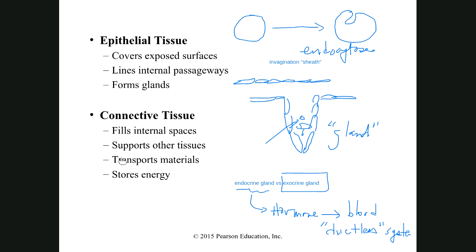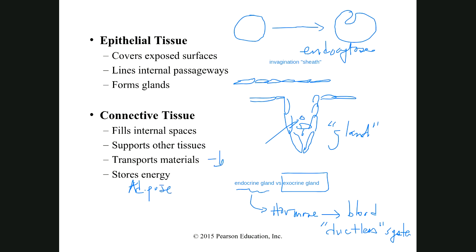Connective tissue fills in the internal space, supports other tissue, and transports or stores energy. And the store of energy here, the most important tissue would be the adipose tissue, which is stored fat, which can be used as an energy reserve, adipose.